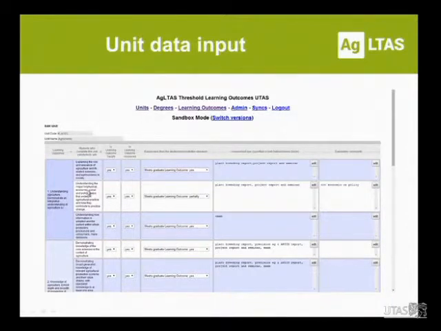This is about understanding biophysical, economic, social and policy drivers. In thinking about the types of assessment that we do, we've got a plant breeding report, for example, and a very much independently driven project report that's being done with industry. But when it came to the assessment, we felt that it wasn't necessarily related to the economic and policy aspects of that threshold learning outcome, so it's only partially meeting that.